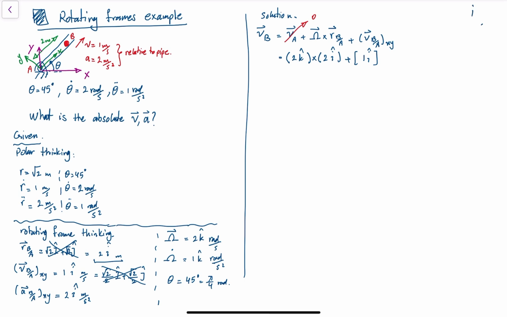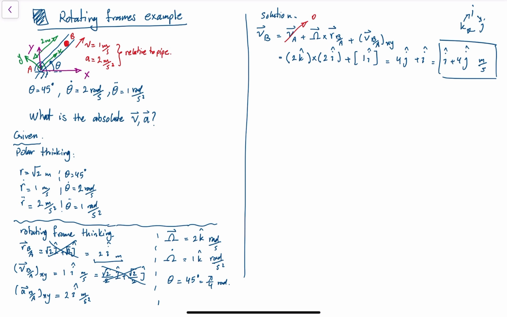I do this because I never remember: k cross i is j, so I have 4j plus i. Writing it more nicely, i plus 4j. So this is the absolute velocity of B as expressed in the little ij frame.